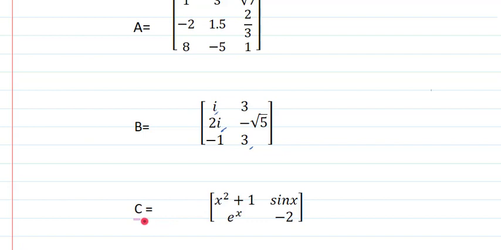One more example, matrix C, is here. In this matrix you observe that entries are functions and real numbers. So entries of the matrix may be all real numbers, or a combination of functions, complex numbers or real numbers.